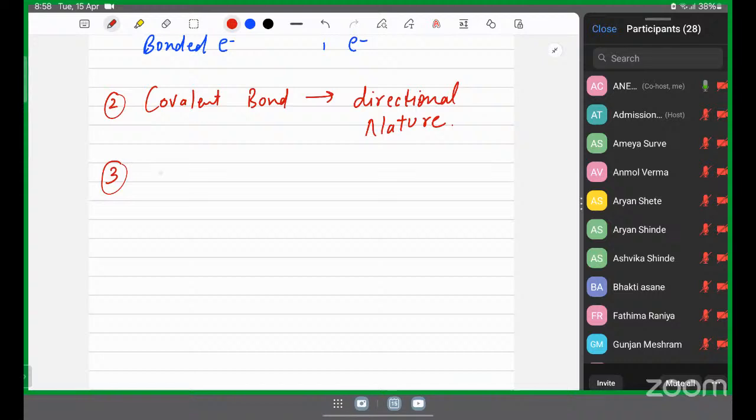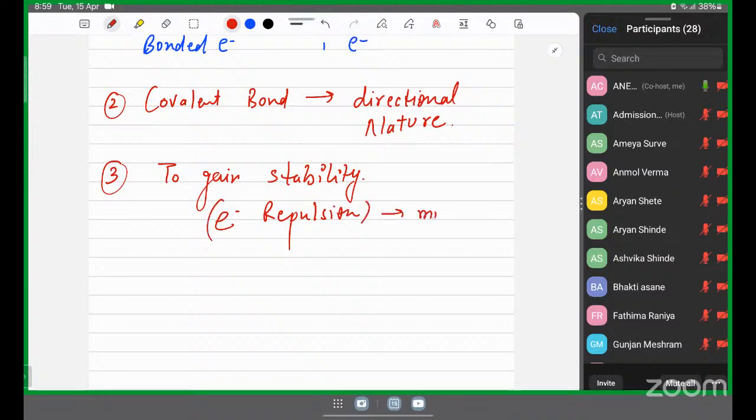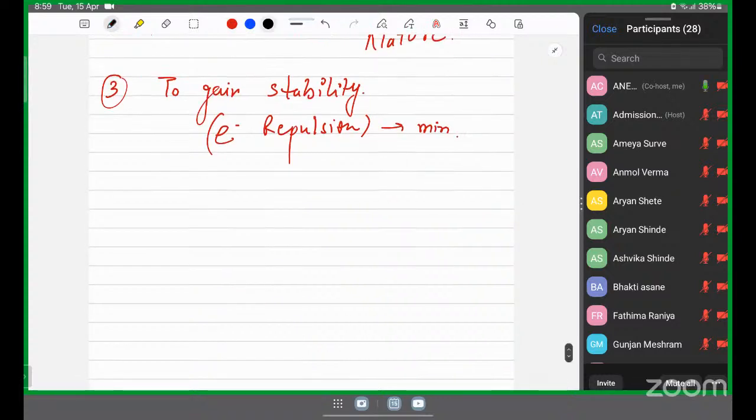So to gain stability, electronic repulsion has to be minimum, and for that electron pairs will arrange themselves in 3D space in a specific geometry.